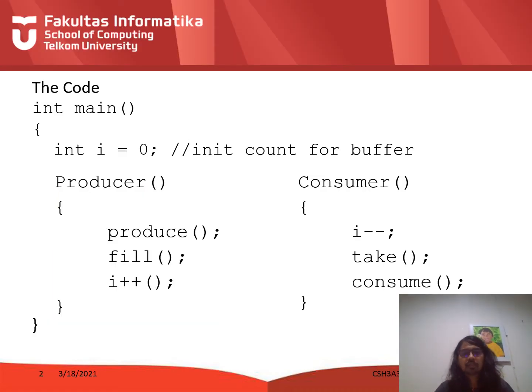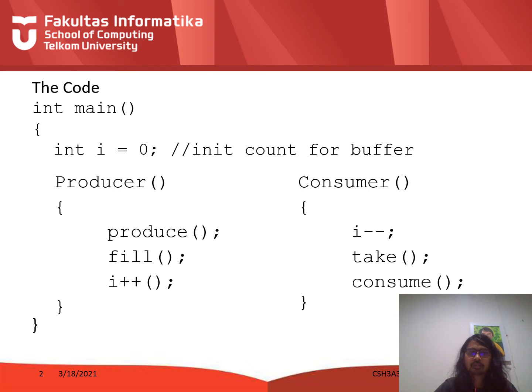So in the last video, we discussed the program of the producer, which looks like this, and the program of the consumer, which looks like this, and we executed an example in normal condition.